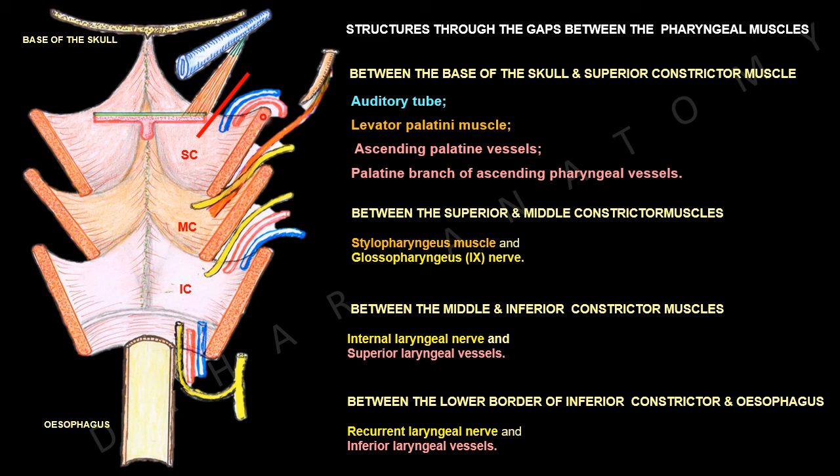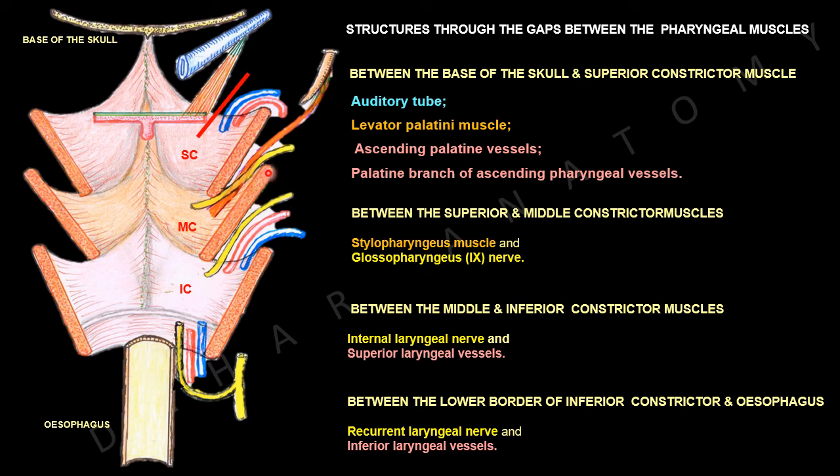Next is between the superior constrictor and the middle constrictor muscles. The structures are the stylopharyngeus muscle, coming from the styloid process, and the glossopharyngeal nerve.